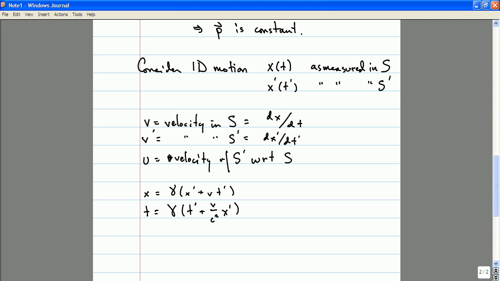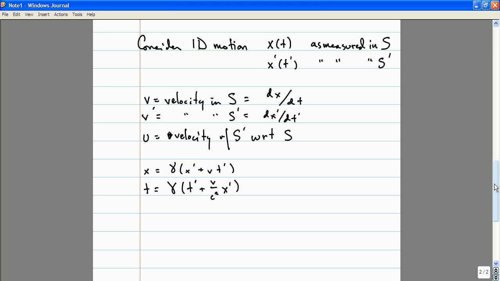And among other things, this allows us to derive the formula for velocity addition, namely the formula for the velocity v in the S frame, as it depends on the velocity v prime, the velocity in the prime frame, and u, the relative velocity of the two frames.